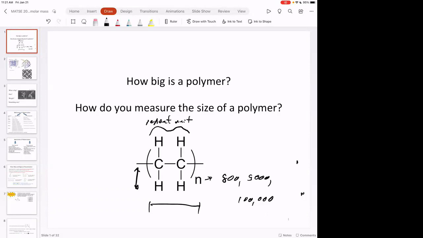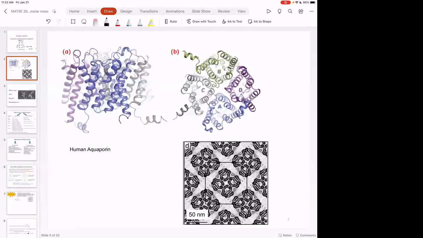And so the grams per mole, or the molecular weight of the repeat unit, is usually pretty small, like any sort of organic molecule: 50, 100, 18, 150, 300 sometimes. But as we multiply that by the degree of polymerization, we get huge molecular weights. And so polymers are not a big long line as we usually draw them on paper. They coil up, they do all sorts of things, like this is aquaporin, which is a biological polymer, or a protein.